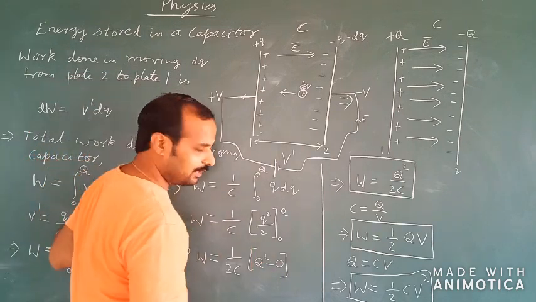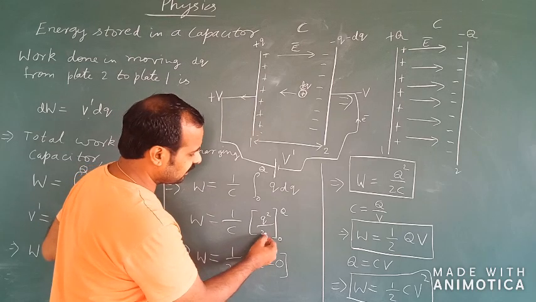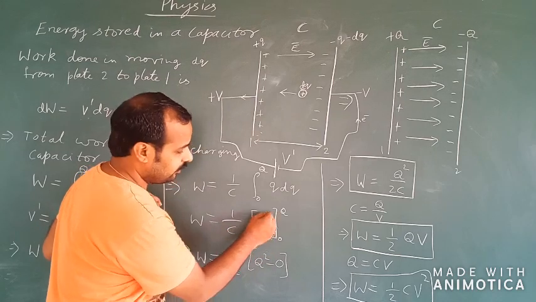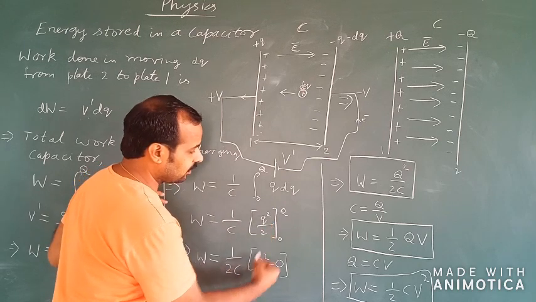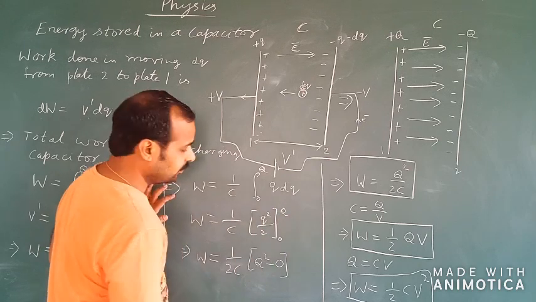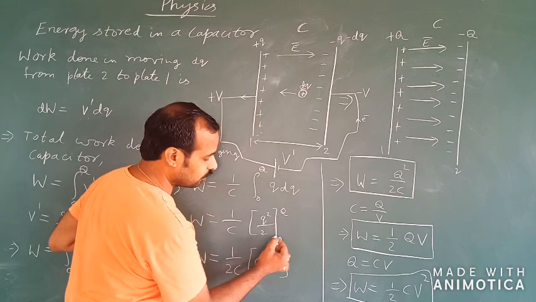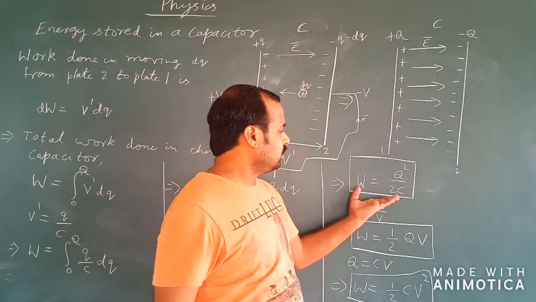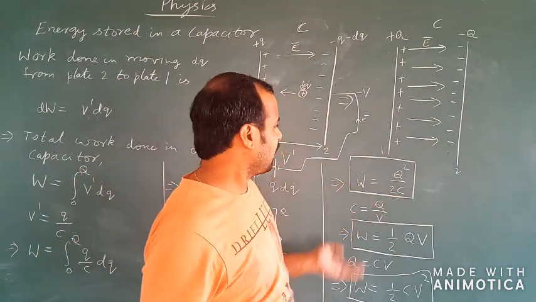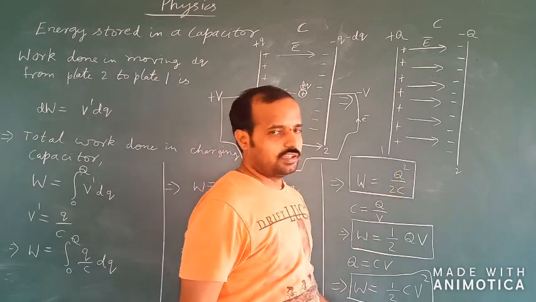Now substituting the limits, we get W equals 1 by 2C, where 2 can be taken out and only for q I substitute the limits. Small q becomes capital Q when I substitute capital Q, and small q square becomes 0 when I substitute 0. So ultimately the total work done in charging the capacitor is Q square by 2C.